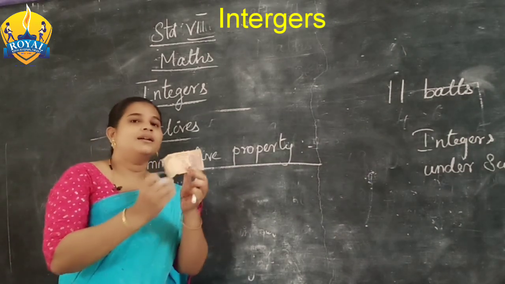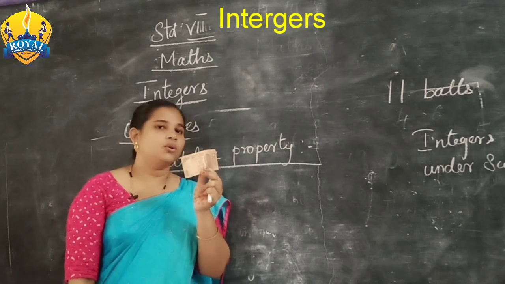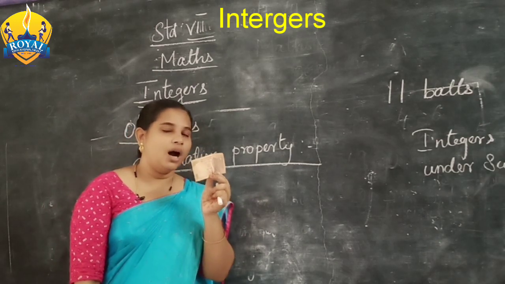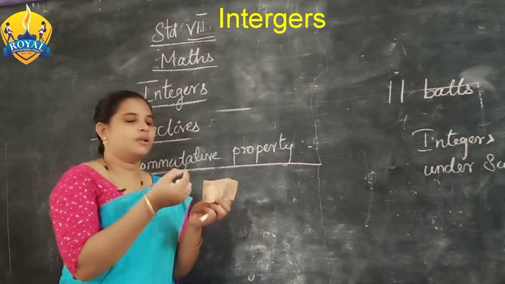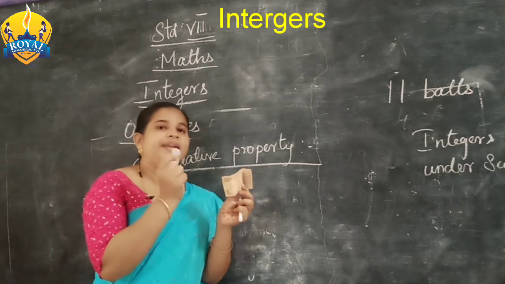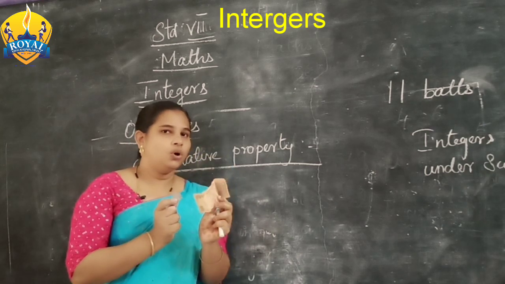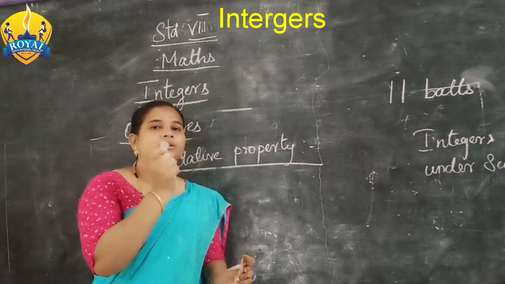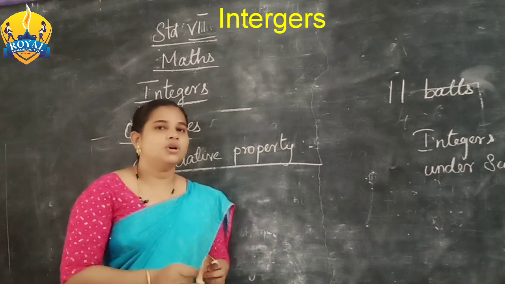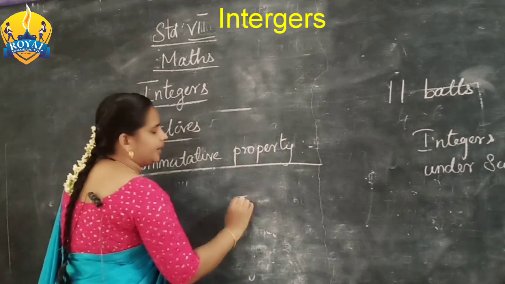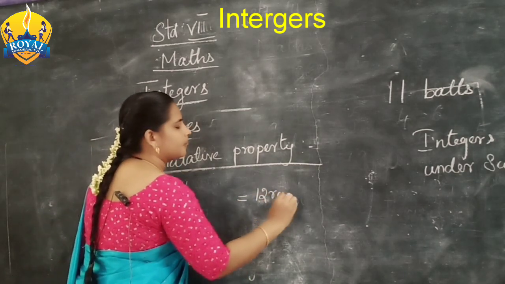This is a 10 rupee note. If you add a 2 rupee coin, we will get 12 rupees.